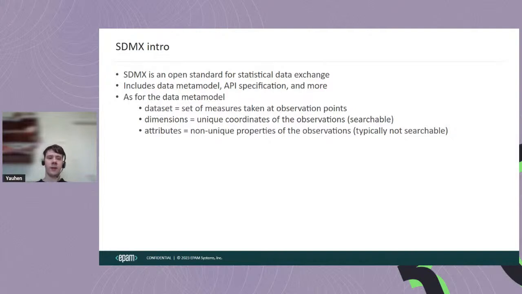First of all, we have a data set, which consists of a set of measures. Those measures are uniquely identified by coordinates called dimensions. And finally, we have some attributes, which are just non-unique properties for different metadata purposes.